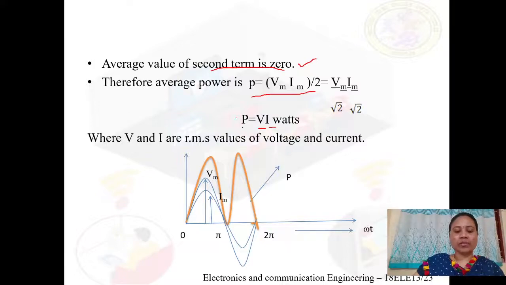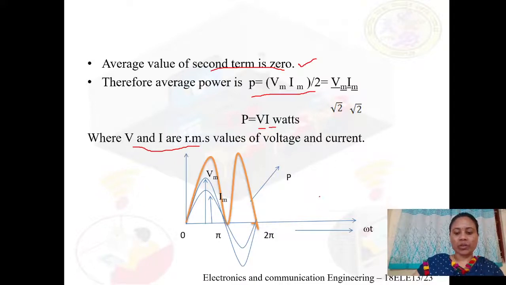Therefore, P can be expressed as the product of V into I, where V and I are nothing but RMS values of voltage and current. Okay, the power for the pure resistive component we can express as V into I, where V and I are RMS values of voltage and current.